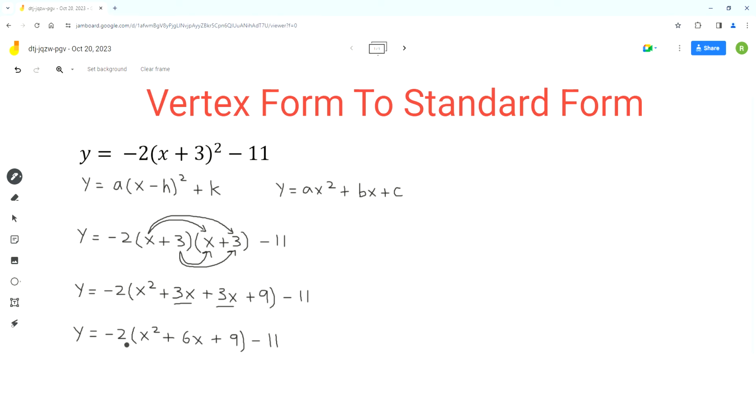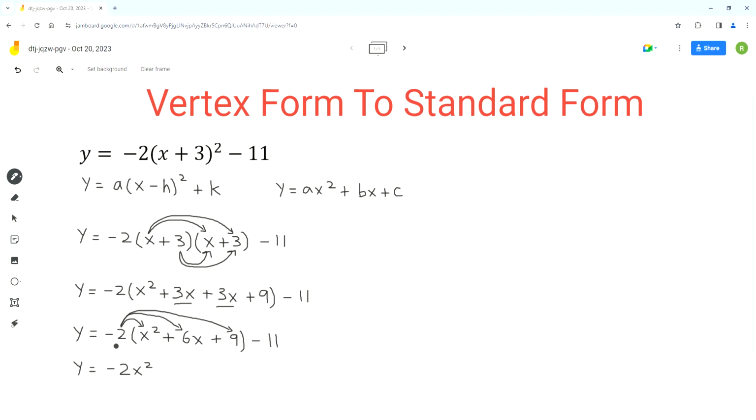Now we have to distribute this -2 into the parentheses. So we have to multiply each term in the parentheses by this -2. So we get y equals -2x^2. So we multiply -2 by x^2 first. Then we do -2 times 6x.